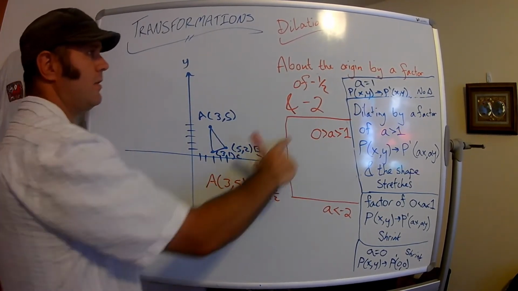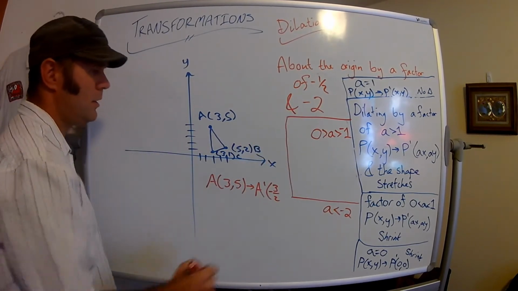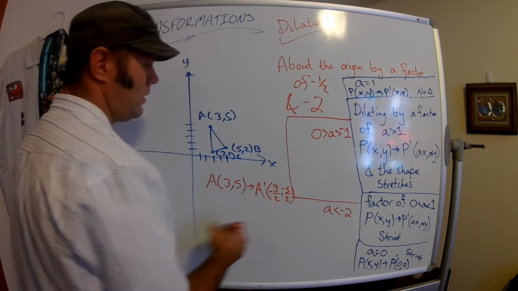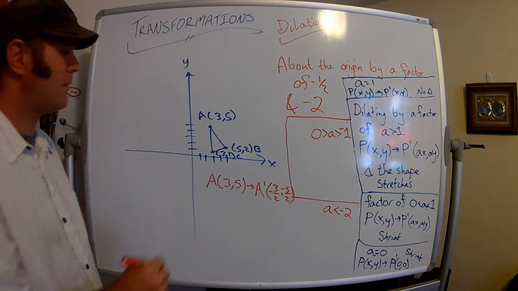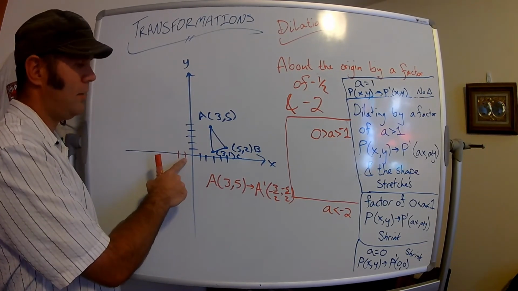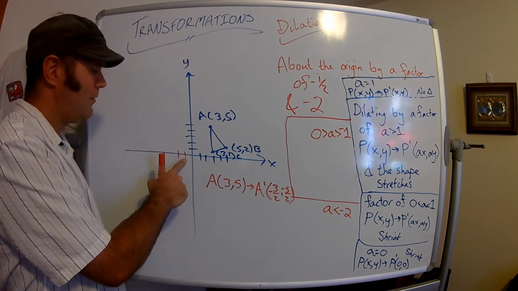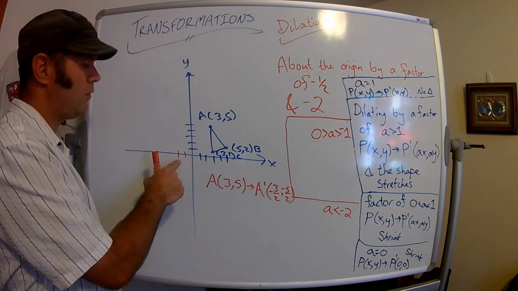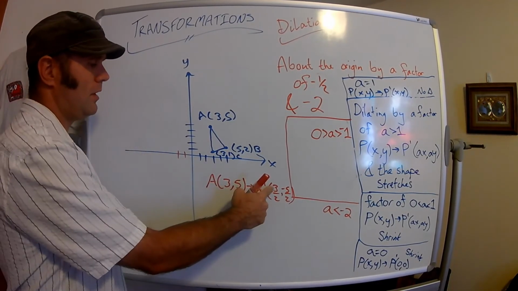And then 5 times -1/2 is -5/2. And we can graph these points. So -3/2, well, -1 is the same as -2/2, and -2 would be -4/2. So between 2/2 and 4/2 lives 3/2.